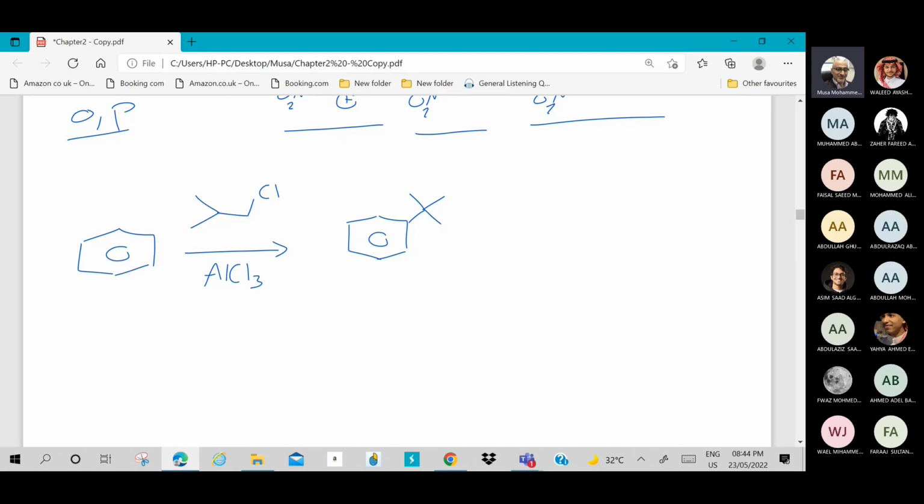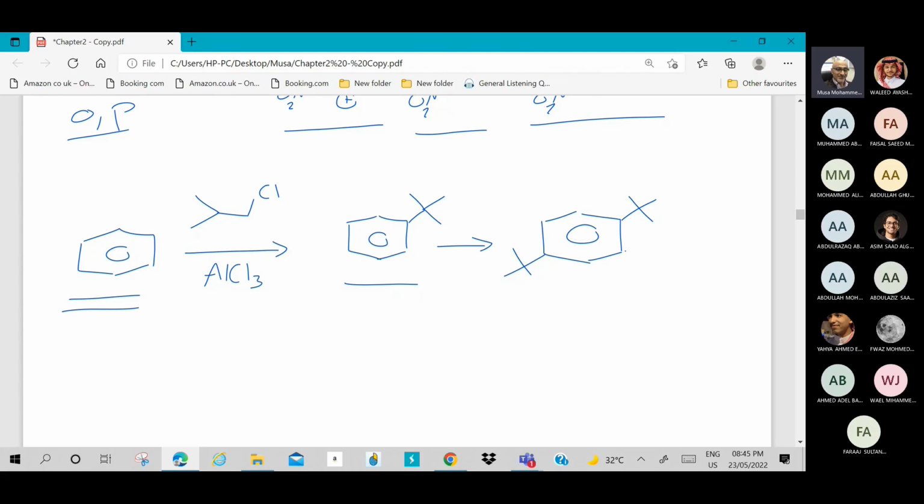When you form this product, which one is more reactive towards Friedel-Crafts alkylation? The product is more reactive than the reactant itself. So this means once this one is formed, it's not going to stop. It will continue to form the other substituent, which is the para. Ortho cannot be formed in this case because of steric hindrance, but it will continue and it will form this.